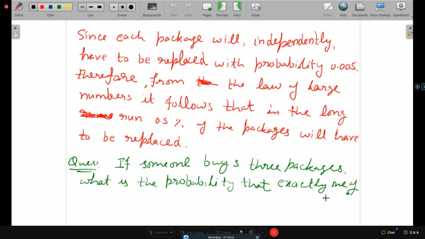So returning is the probability of success, and not returning can be treated as the probability of failure. What is the probability that exactly one of the packages will be returned or replaced, whatever you say?